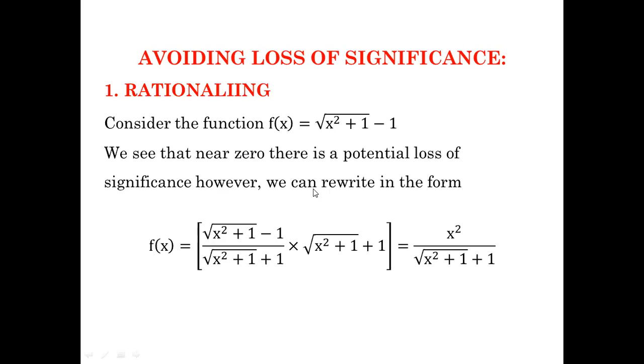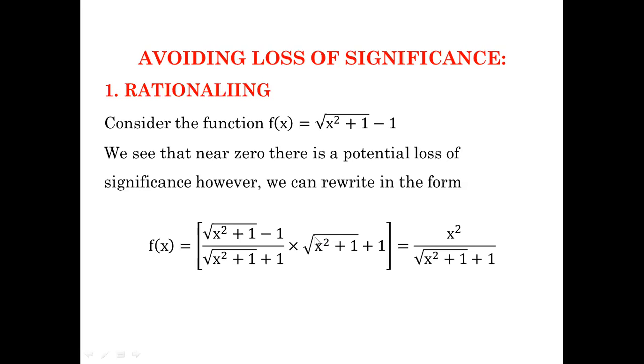However, we can rewrite it in this form. For the numerator we have root of x square plus 1 minus 1, and the conjugate is root of x square plus 1 plus 1. Here minus is there, so plus 1. You just multiply and divide. Then the numerator is a minus b into a plus b, which is a square minus b square.